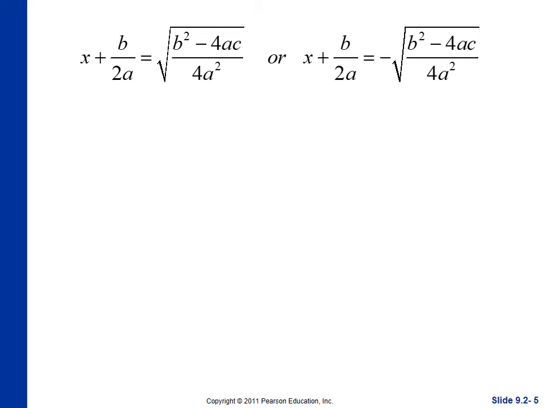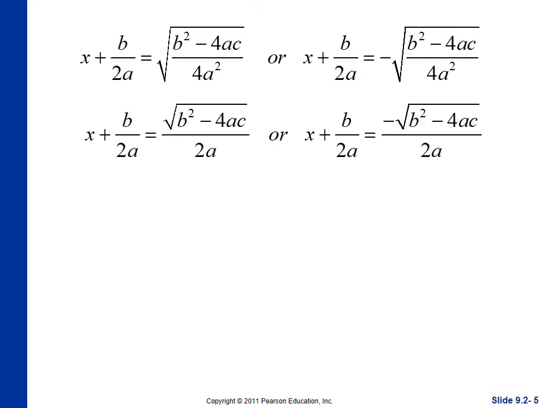If we take the square root of 4a squared, that gives us 2a.